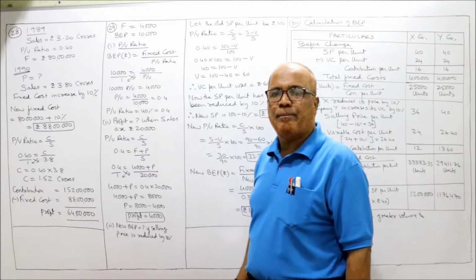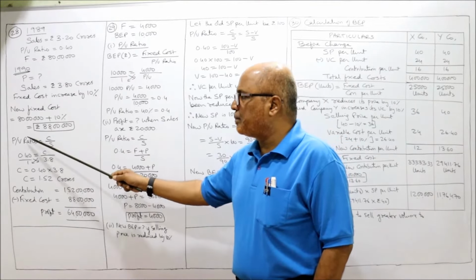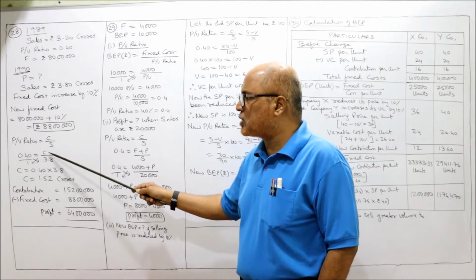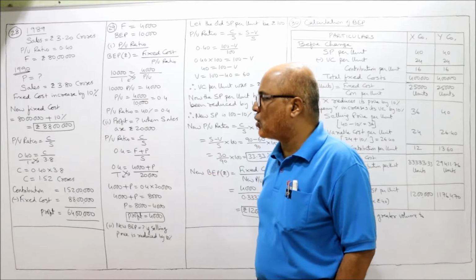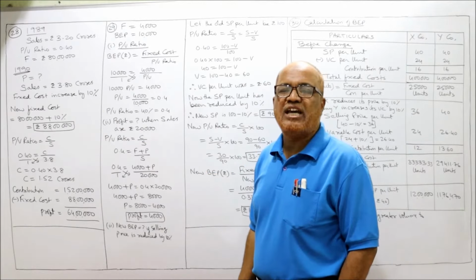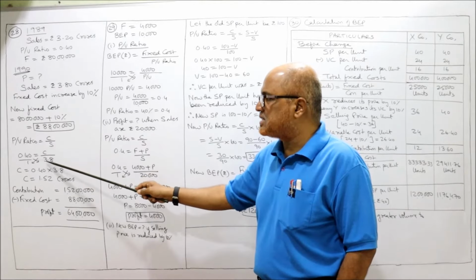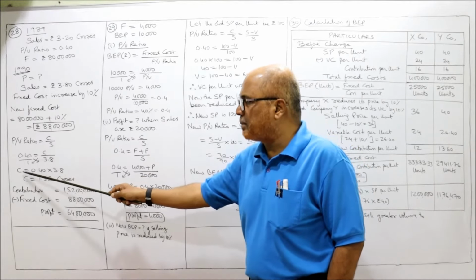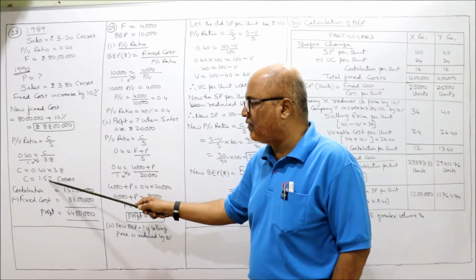So C by S: PV ratio is 0.4, contribution we have to find out, and sales given in the problem are 3.80 crore. So in place of S, 3.8. Now cross multiply, C is equal to 0.4 into 3.8. You will get 1.52 crore.